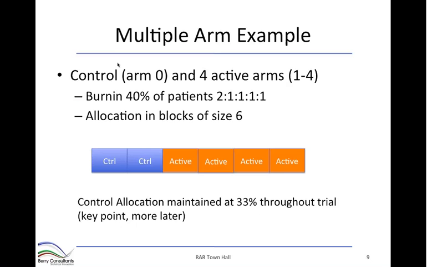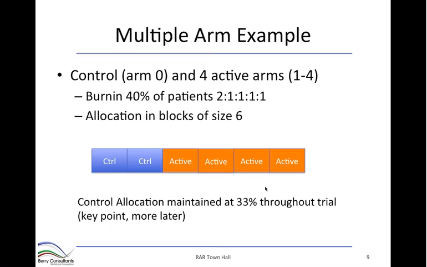And I'm going to allocate in blocks of size 6. And so those blocks, you can see the 6 rectangles here. 2 of them are going to be control, and 4 of them are going to be active. And I'm going to do this through the entire trial. So in this example, I'm choosing to maintain the control allocation.